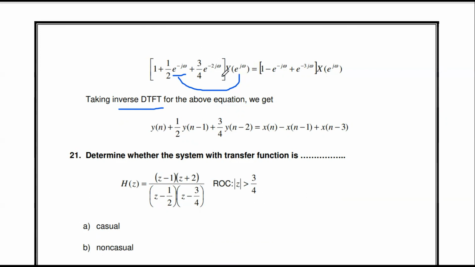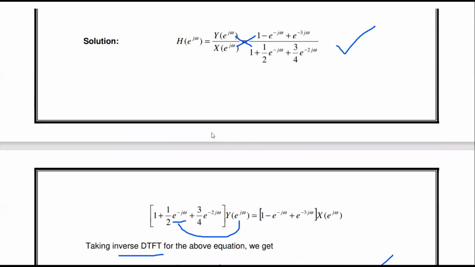Then 3 by 4 into e power minus 2j omega multiplied with Y of e power j omega: the inverse DTFT is y of n minus 2. Similarly here you multiply X of e power j omega with each term, and if you take the inverse DTFT, we will get the answer: x of n minus x of n minus 1 plus x of n minus 3. So this is the difference equation of the given system.